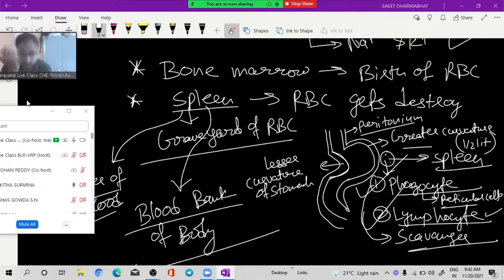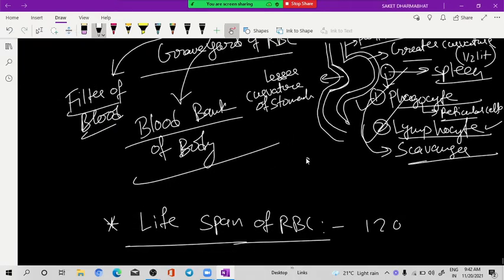Sir, can you state the function of lymphocyte again? Okay, I am telling. Suppose this is the spleen. From here, blood is entering into the spleen. This blood contains some foreign pathogen or microorganism. When it is passing through the spleen, which cells are there?